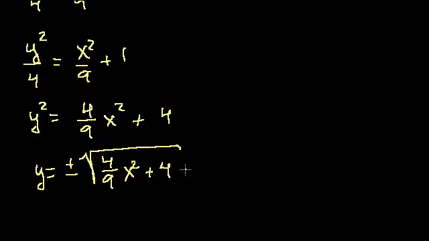You can't really simplify this anymore, but we can think about what this approaches as x approaches positive or negative infinity. What does this roughly equal? What does the graph get a lot closer to?